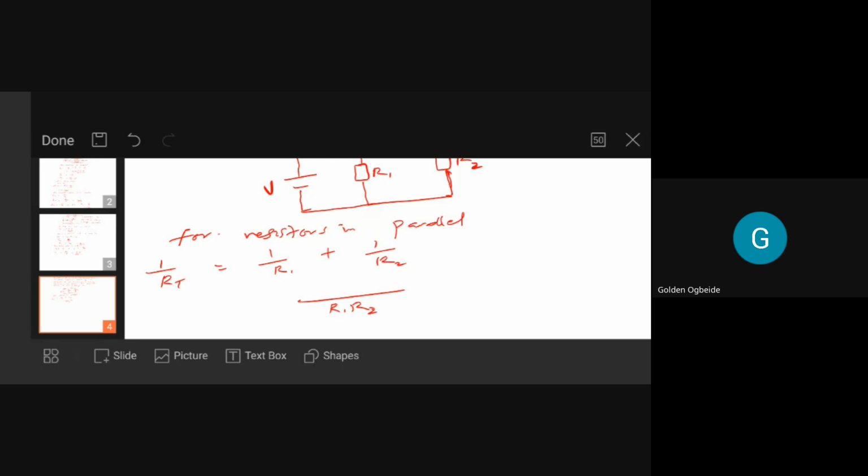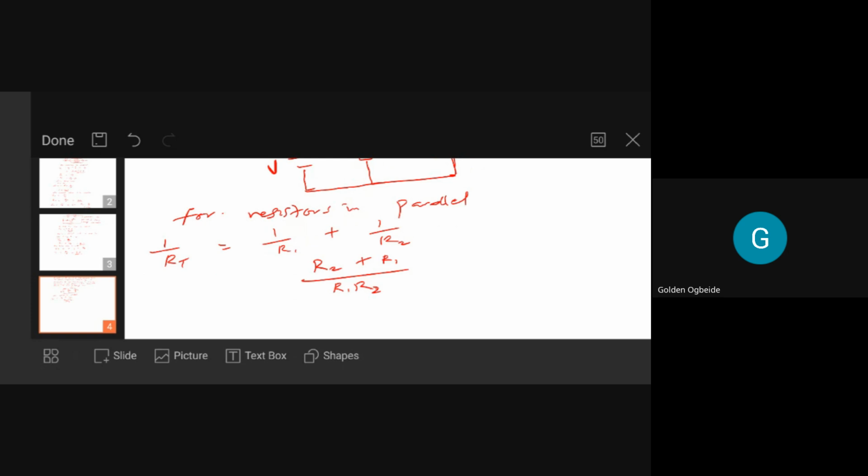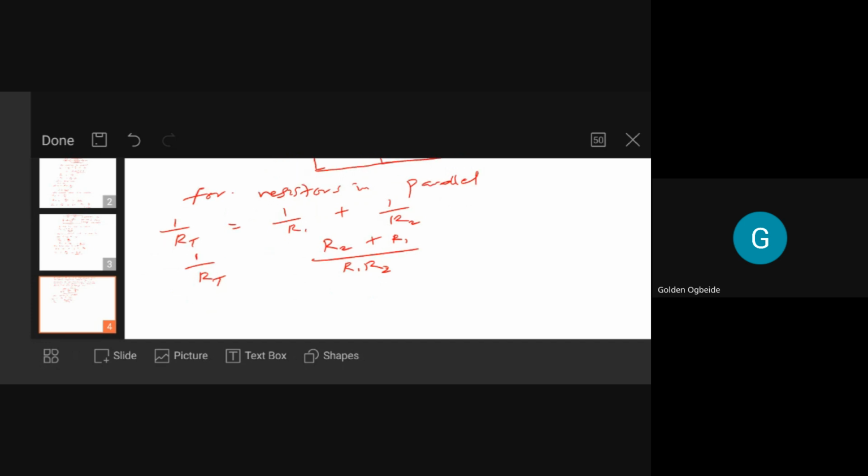If you use that to divide R1, I have R2 left. R2 times 1 gives me R2, plus, if I do the same thing here, R2 cancels out, I have R1. R1 times 1 gives me back R1. So I have 1 over RT equals R2 plus R1 all over R2 R1.